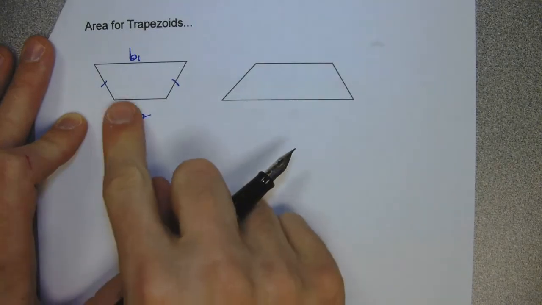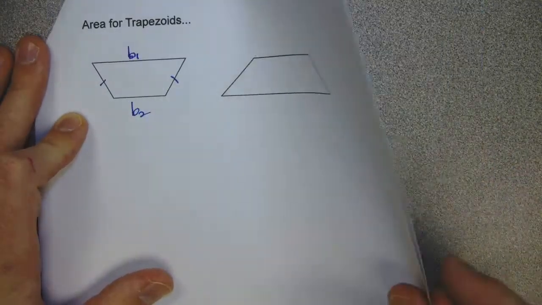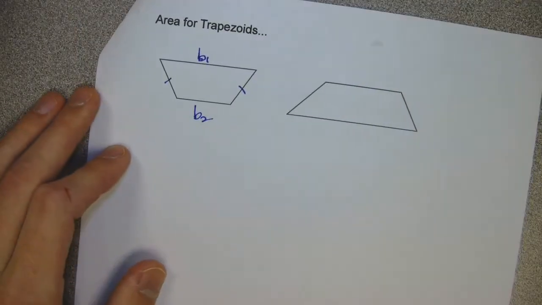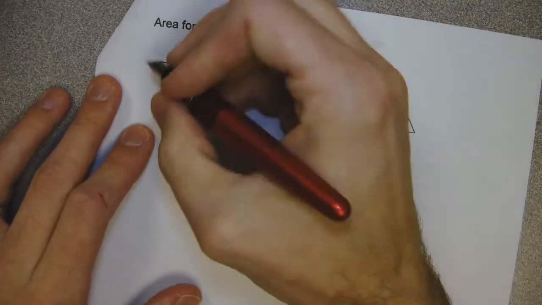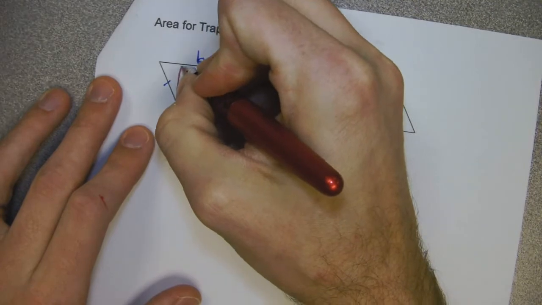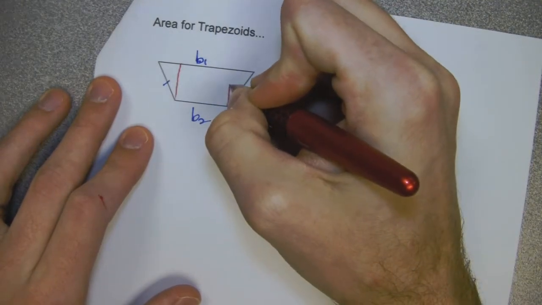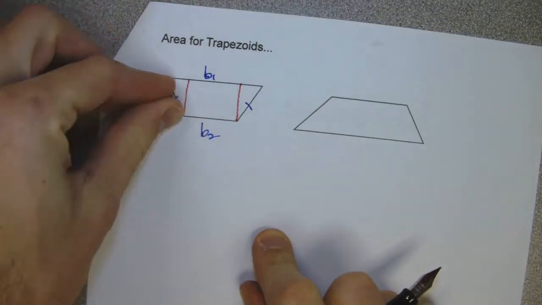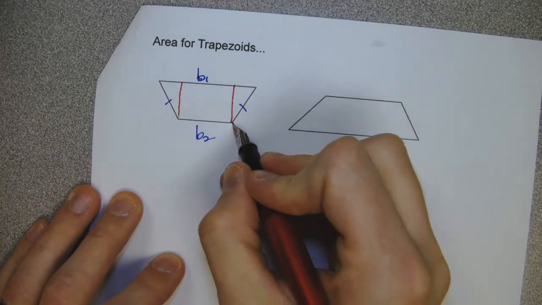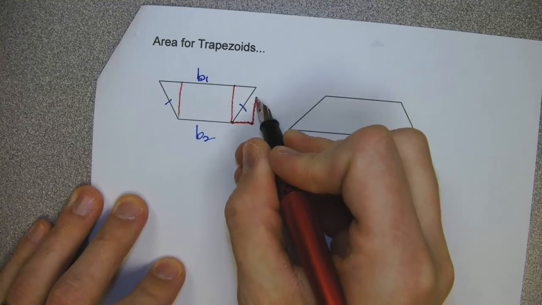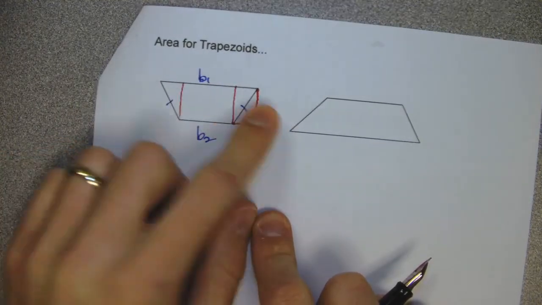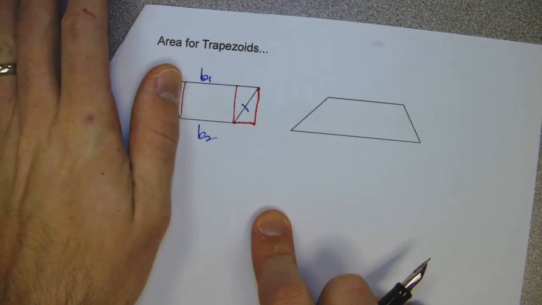We're going to do the same trick here that we tried back here. We're going to lob off triangles. So for example, if I were to lob this triangle off, and we'll go ahead and mark this one in as well, I can take this triangle, flip it around, and put it over here. So notice what would have happened. That means this longer base got a little bit shorter.